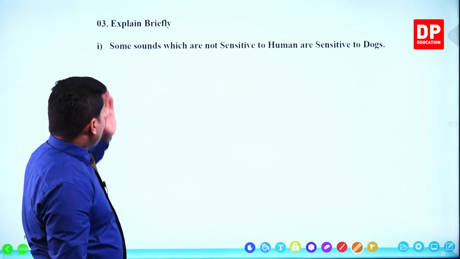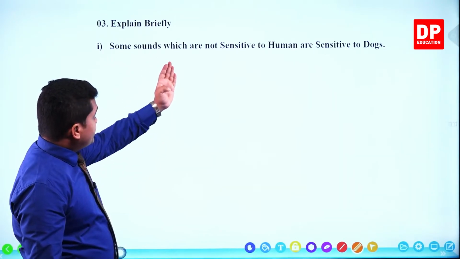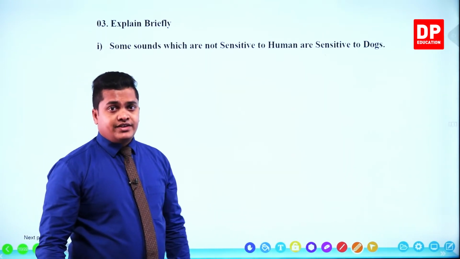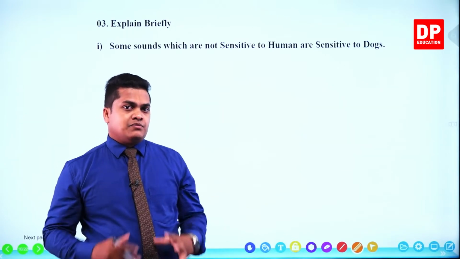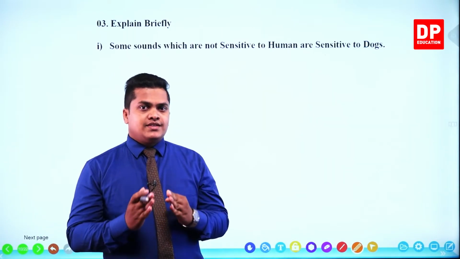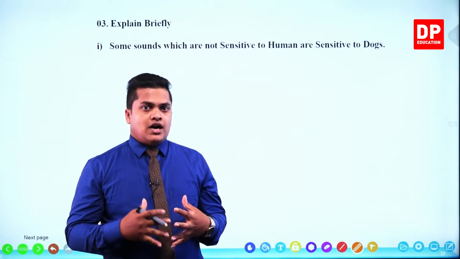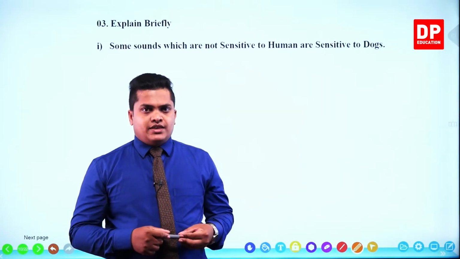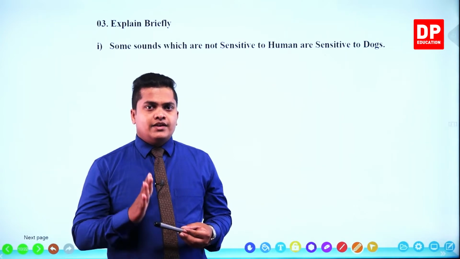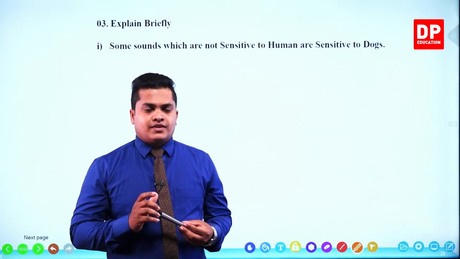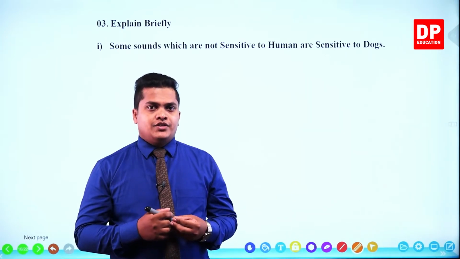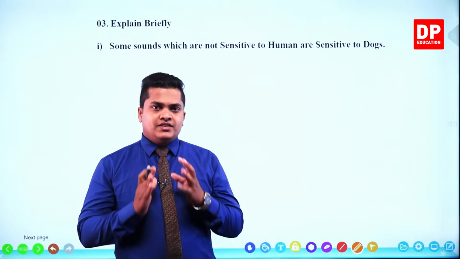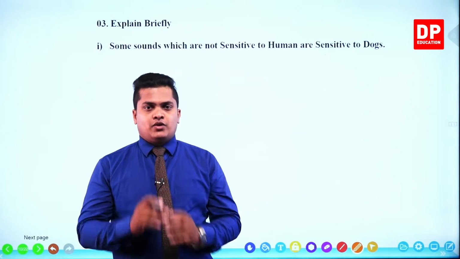Some sounds which are not sensitive to humans are sensitive to dogs. The reason for this is there is a hearing range. The hearing range of humans is from 20 hertz to 20,000 hertz.